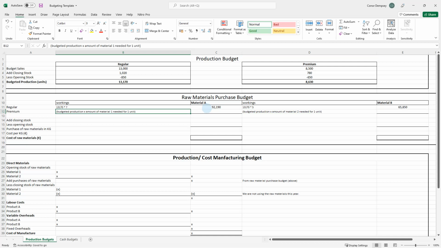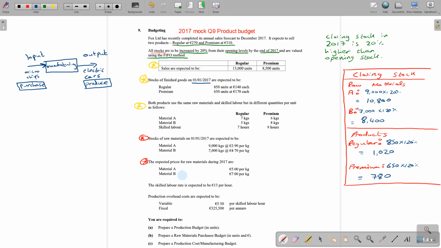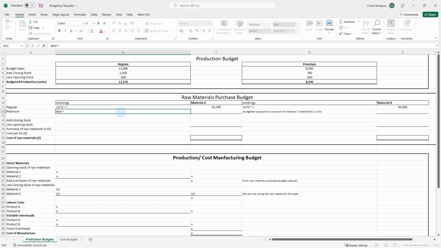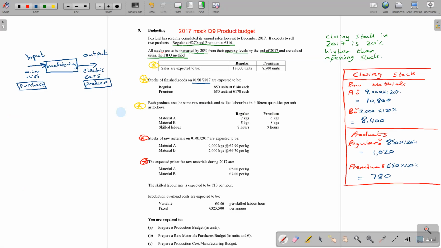Now we go back to premium. How many do we need to produce? 8,630. We're going to multiply it by how many units do we need? From regular, 6 kg of material A. It can be a bit tricky at the beginning to get used to it, but once you've cracked it by doing 1 or 2 practice questions completely right, then it just becomes a breeze.